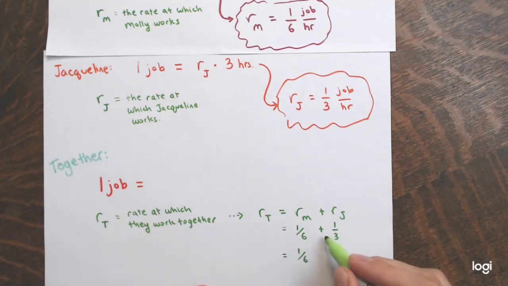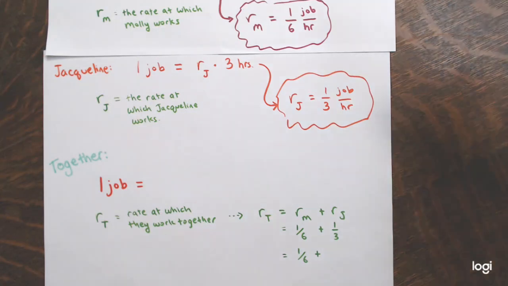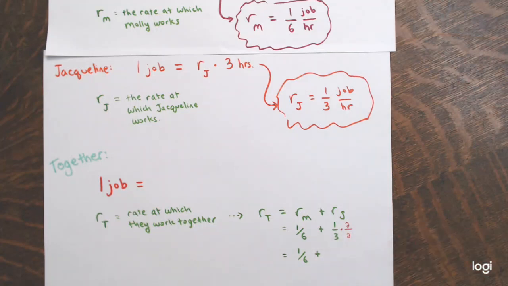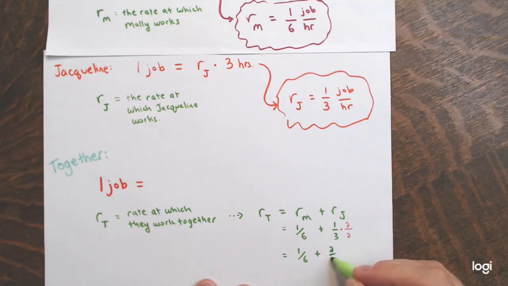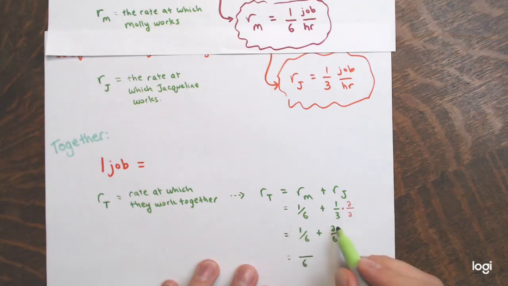Then, when you add fractions, you need a common denominator. 1/6 plus, and then I would multiply this fraction here by 2 over 2 to get a common denominator of 6, right? The least common denominator would be 6. And that'd be 1/6 plus 2/6, that's the same as a third. And then once the denominators are the same, that's the denominator of the sum, and you just add the numerators. 1 plus 2 is 3. And 3/6 reduces to 1/2.